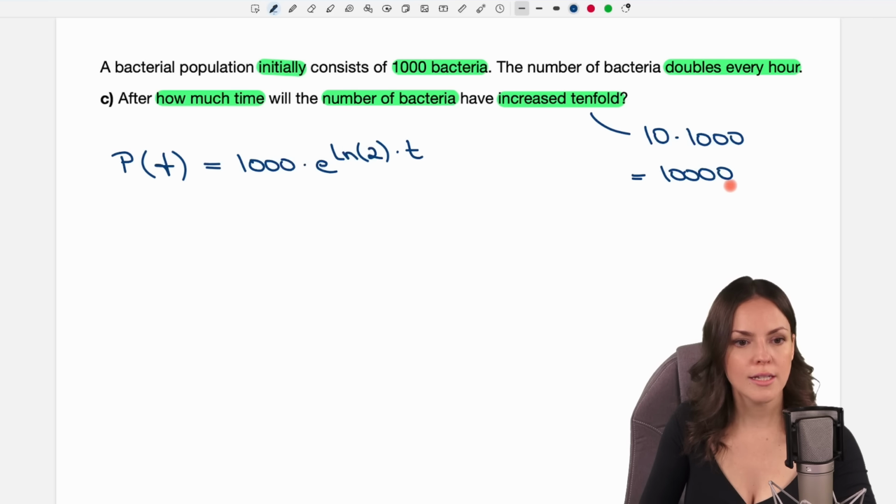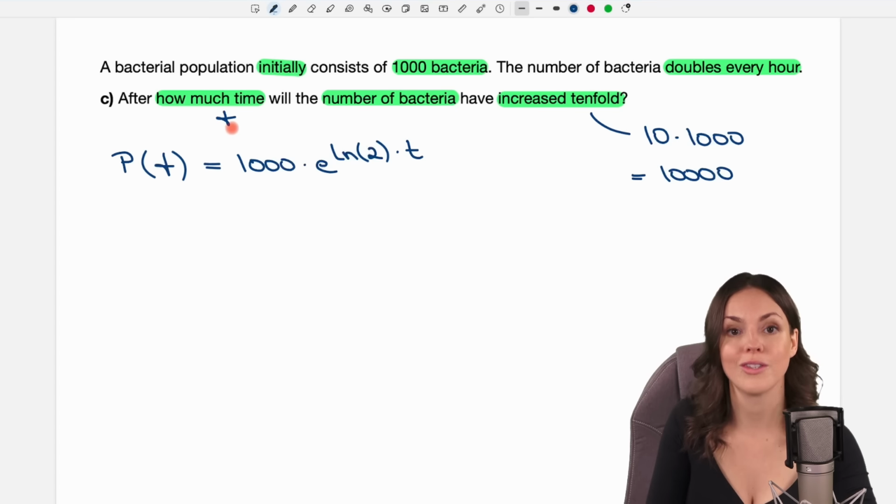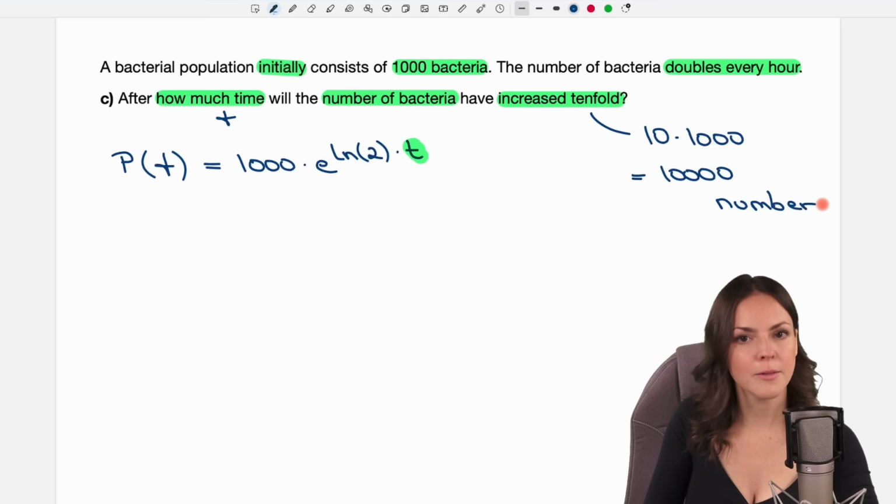So the question is, after how much time? So t is what we're looking for this time. We don't know t, but they give us the number of bacteria that we want to have at that time. So the 10,000 is the number of bacteria, and we know where to put the number of our bacteria.